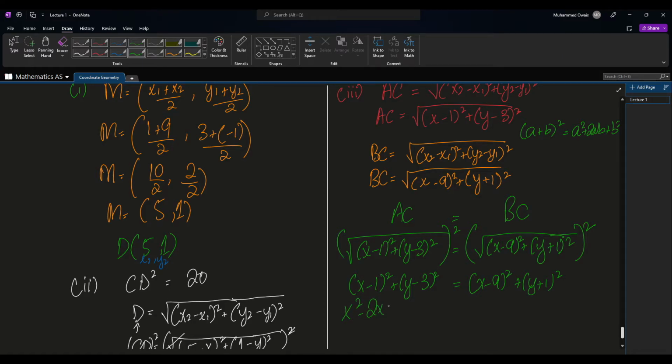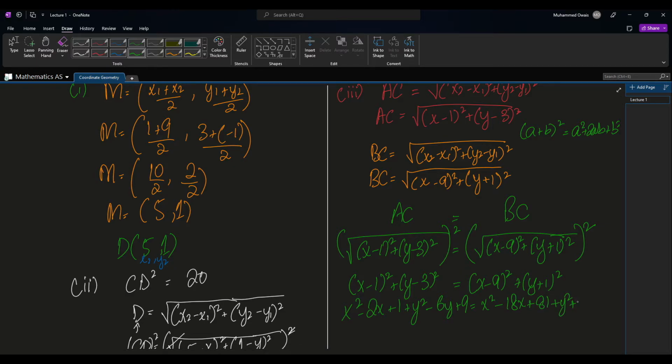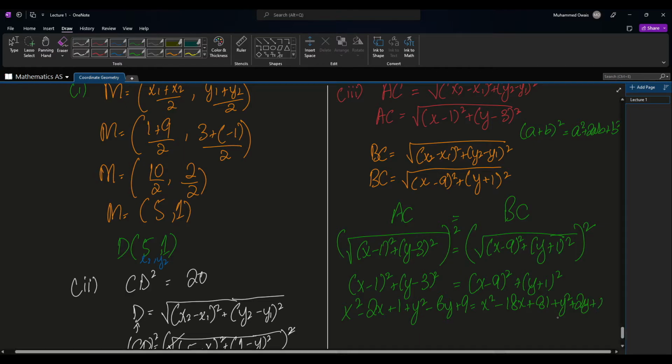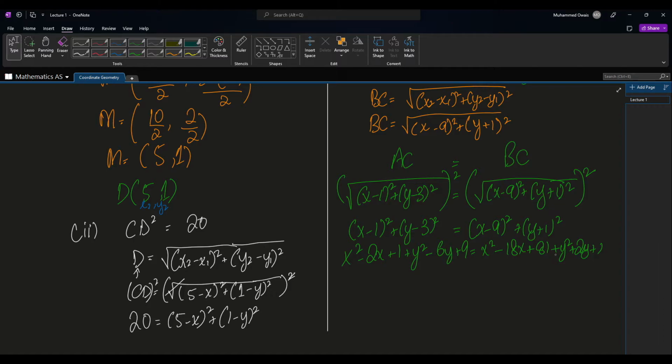x square minus 2x plus 1 plus y square minus 6y plus 9 equals x square minus 18x plus 81 plus y square plus 2y plus 1. Now then, how about we take everything on the other side?